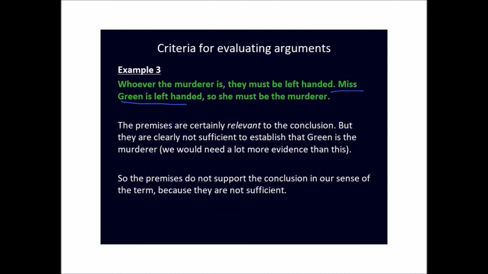You'd also need, perhaps, a confession, motive, opportunity, witnesses. You need a lot more evidence than just that she's left-handed in order to prove that she's the murderer. So these premises do not support the conclusion, in our sense of the word support, because they're not sufficient to establish the conclusion, although they are relevant.